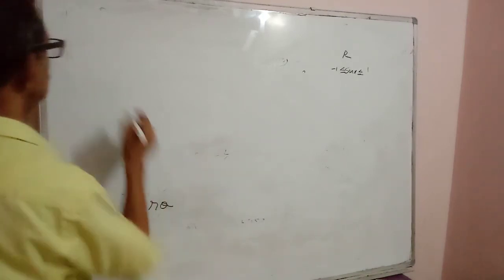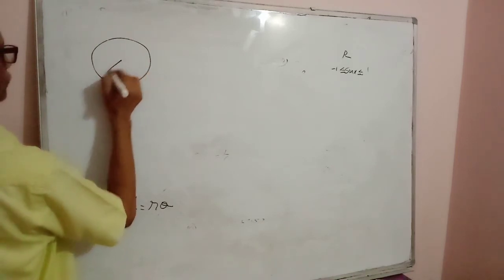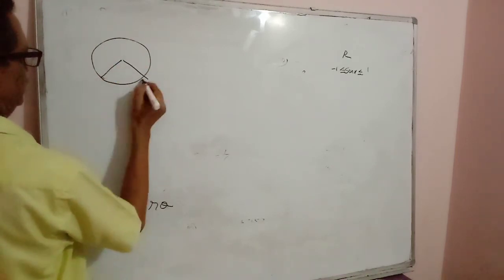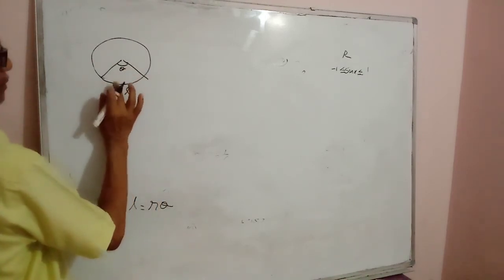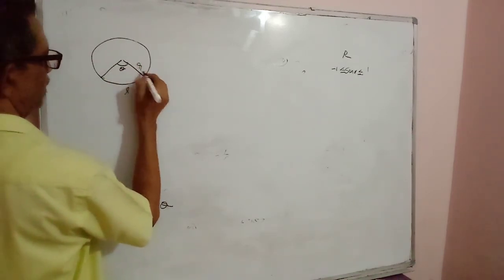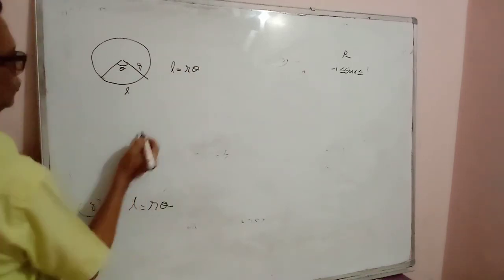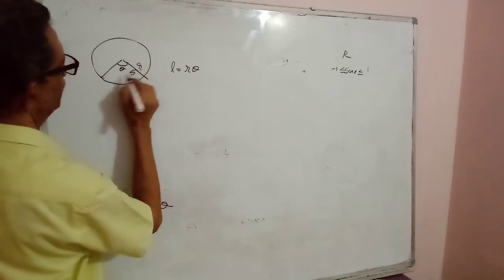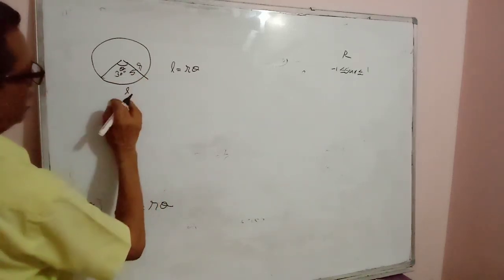Then you have studied this one. This is the arc length, this is the radian measure of the central angle, and this is R. L is equal to R into theta. So if this is 5 centimeters and this is 30 degrees, how can we find the arc length?